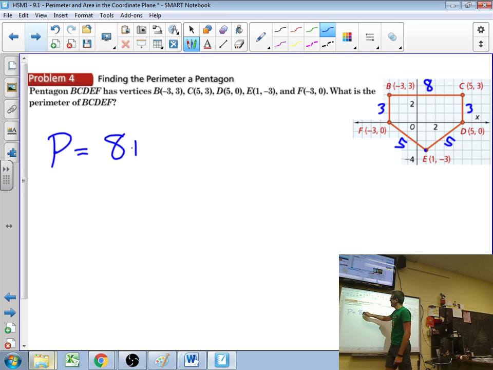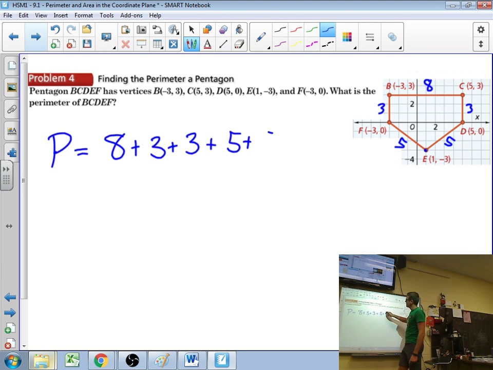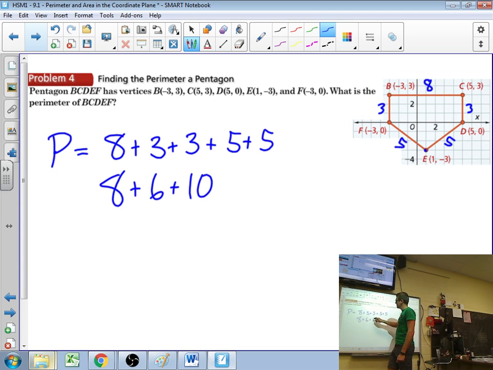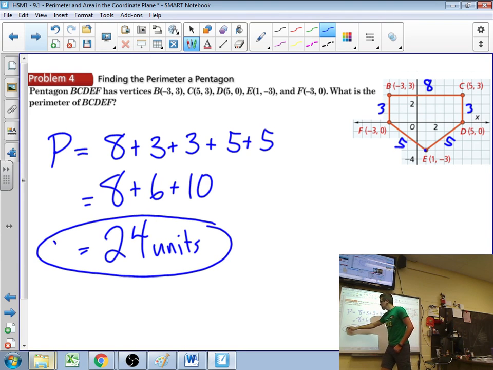I'm going to take my pairs: 1 eight, then I have 2 3s, and then I have 2 5s. So I have 8 and 6 and 10. So I really have 18 and 6, which will give me 24. Again, I don't have any units, so I just say that my perimeter is 24 units.